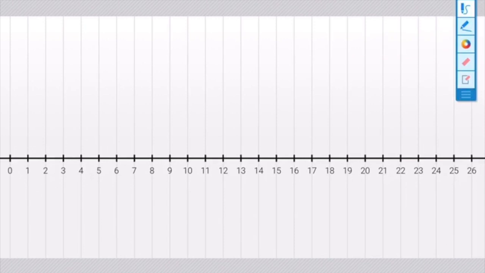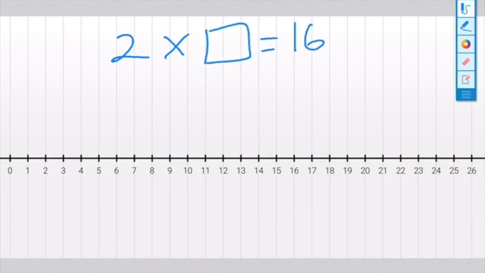Let's do one more on the number line, and then I'm going to show you how to use skip counting to solve for a missing factor problem. So we have 2 times blank equals 16. So once again, my product is 16. That's our endpoint. That's our target number that we're going to. And I'm going to start at 0.